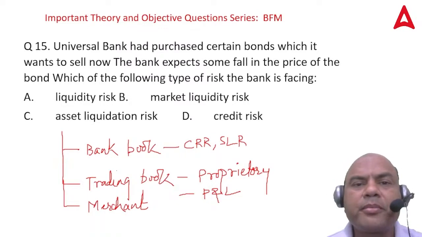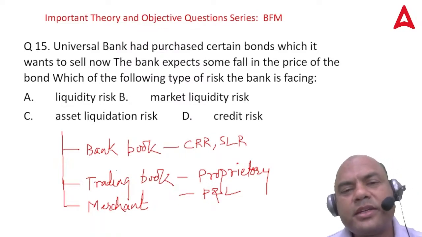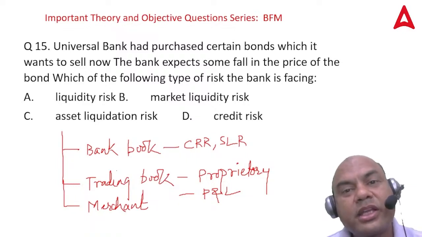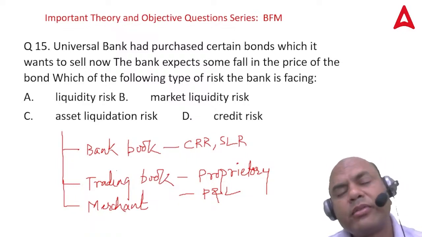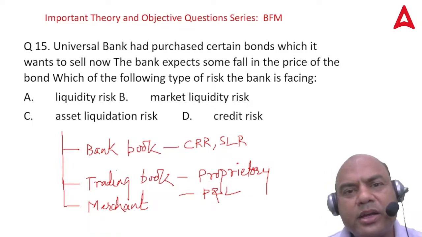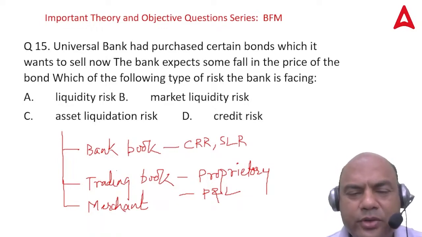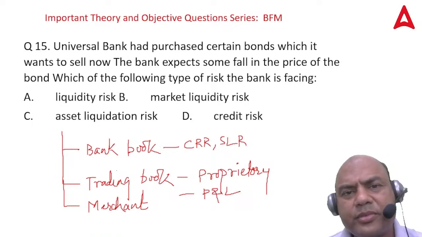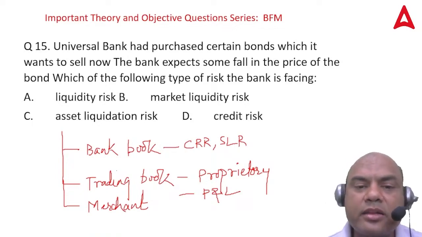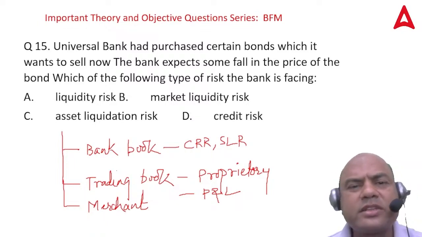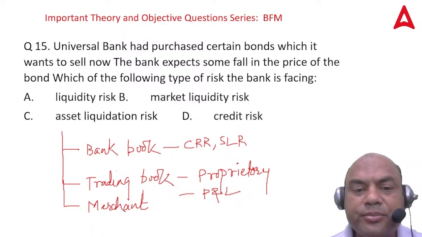For example, if I give you the bonds of some Kingfisher Airlines, Vijay Mallya's company, defunct long back, that defaulted, and I tell you, sir, please buy those bonds, will you buy it? That is liquidity risk. Nobody is ready to buy those. But here, what are they saying? That it expects some fall in price. It means there is no liquidity risk. It might be sold at a lower price.